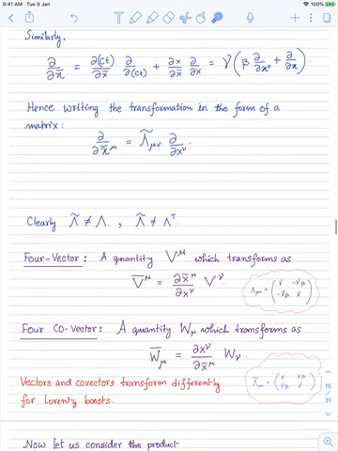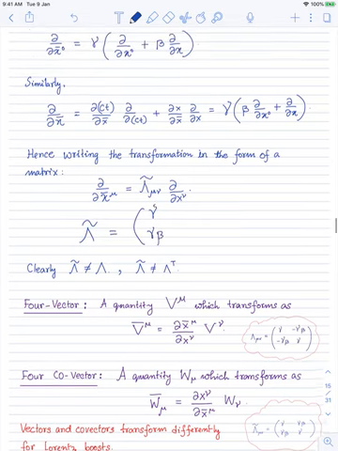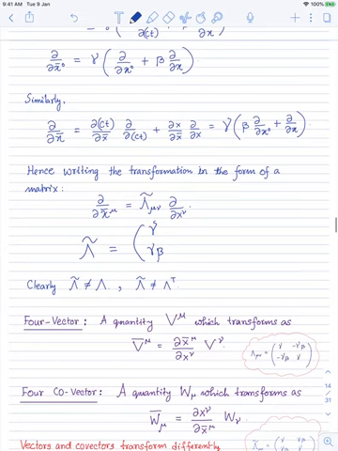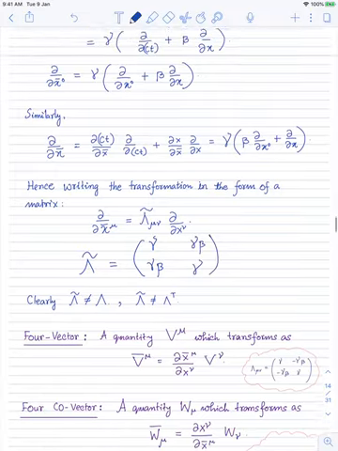So let me write it here. Lambda tilde, if I just read it off, is basically gamma, beta. I'm just reading off.